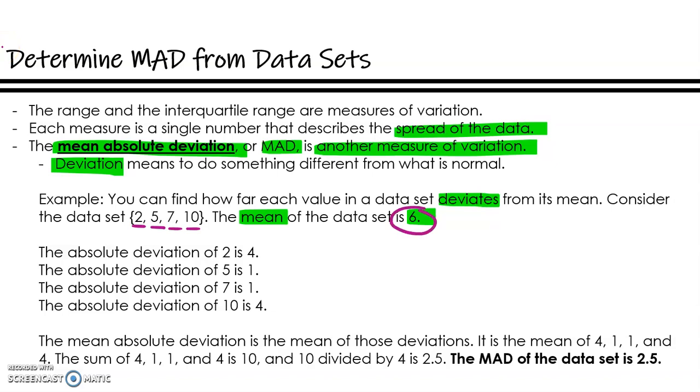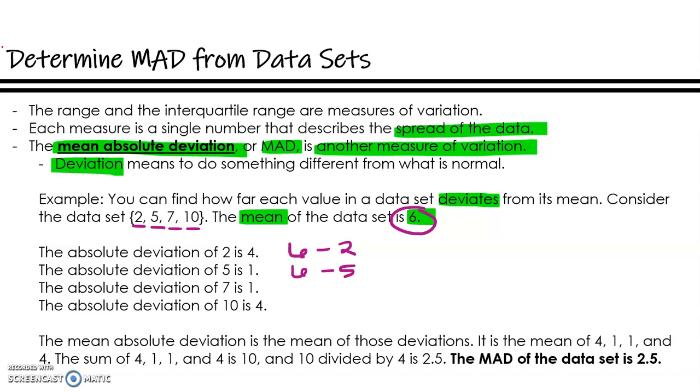So 2 is 4 numbers away from 6, from the mean. That is called the absolute deviation. So the distance 2 is from our mean is 4. 6 minus 2. The deviation of 5 is just 1. So the mean minus 5 is 1.